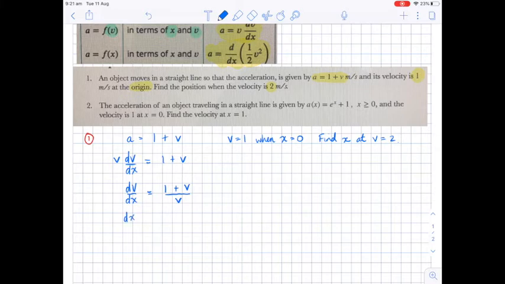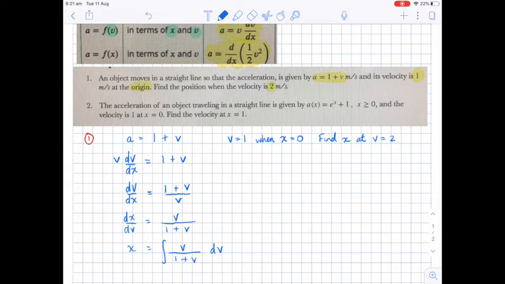I need to flip my rate of change to write dx/dv as v over 1 plus v. And now I need to anti-differentiate this expression. So I'm going to find x by finding the integral of v over 1 plus v dv.